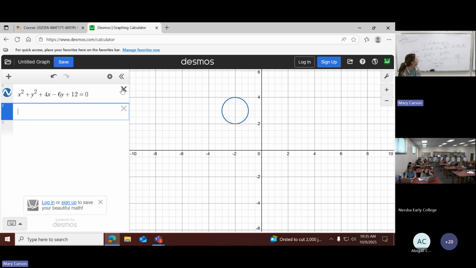Oh, it did. Look at that. How about that? A tiny little circle. I wish you would be able to just put the point up here and find the center. But you can still kind of see that it's at -2, 3, right? And then the radius is 1.